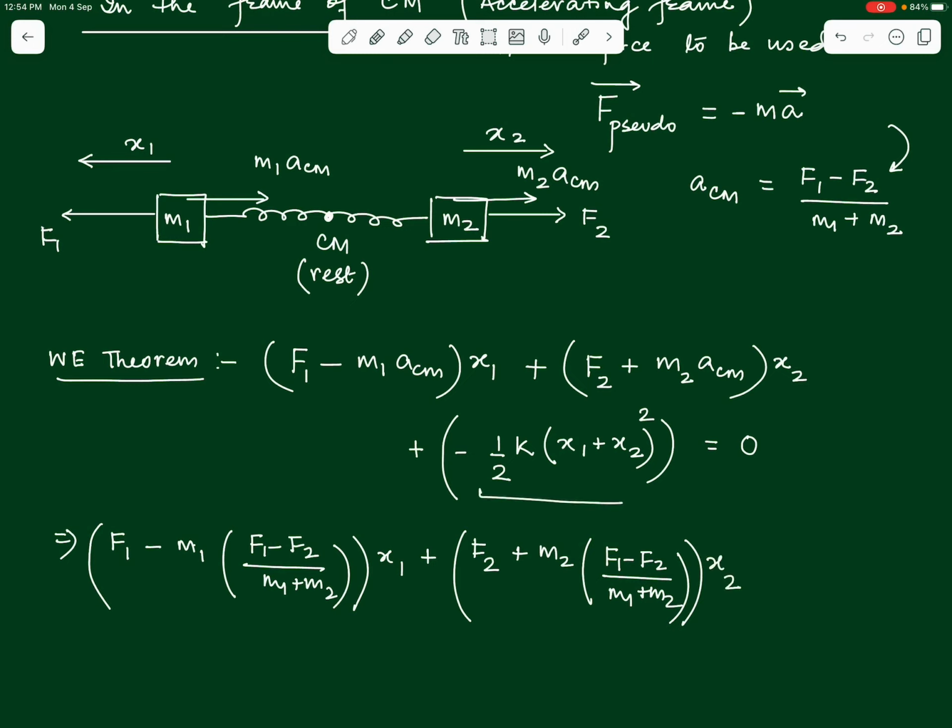Now we take this term on the right hand side of the equality sign, so we get half k into x1 plus x2 whole squared.